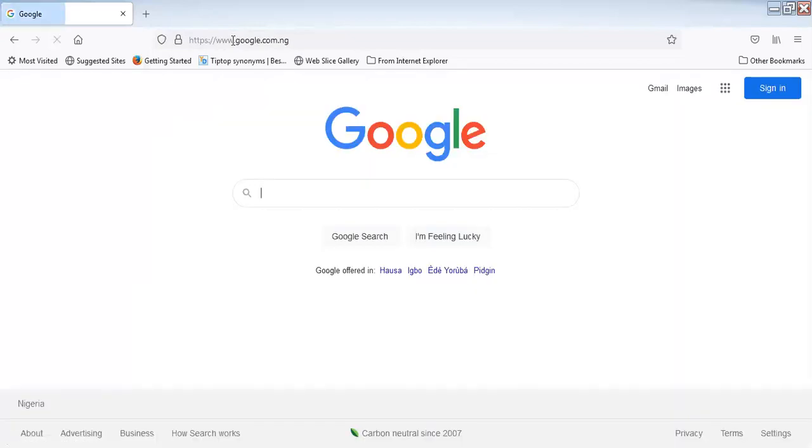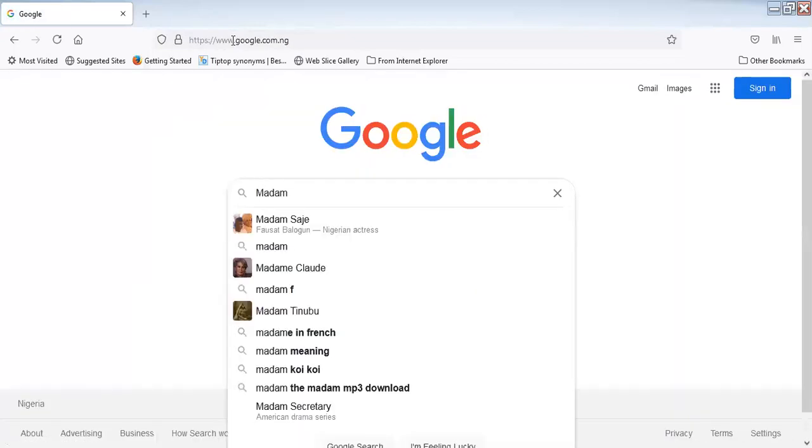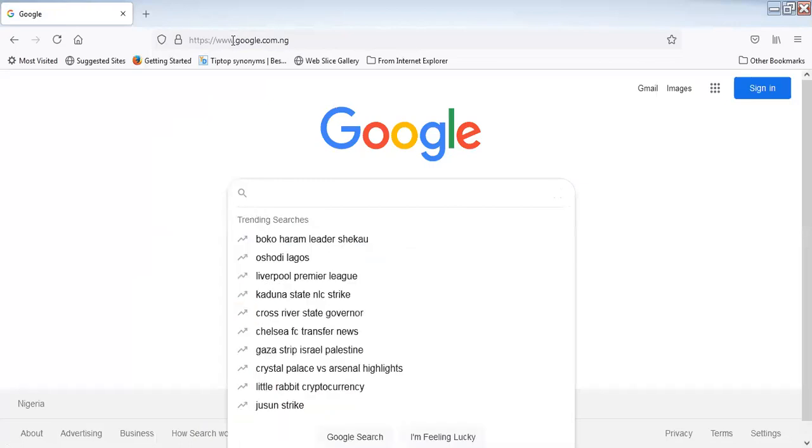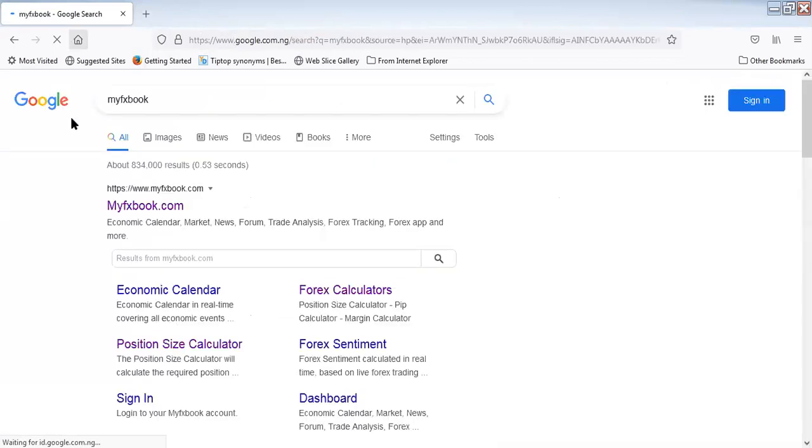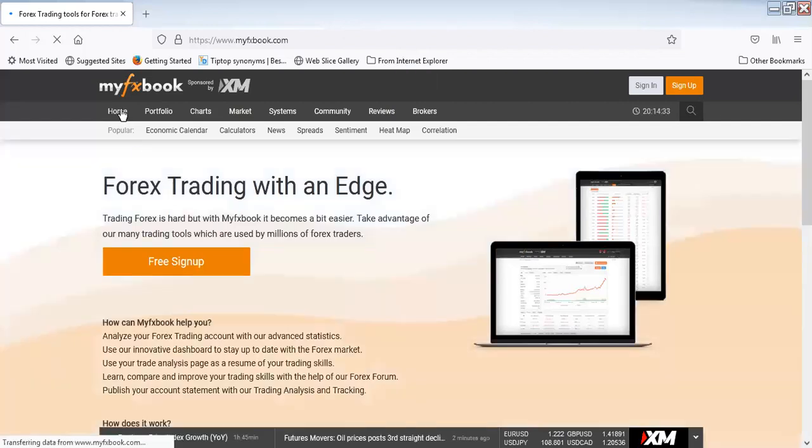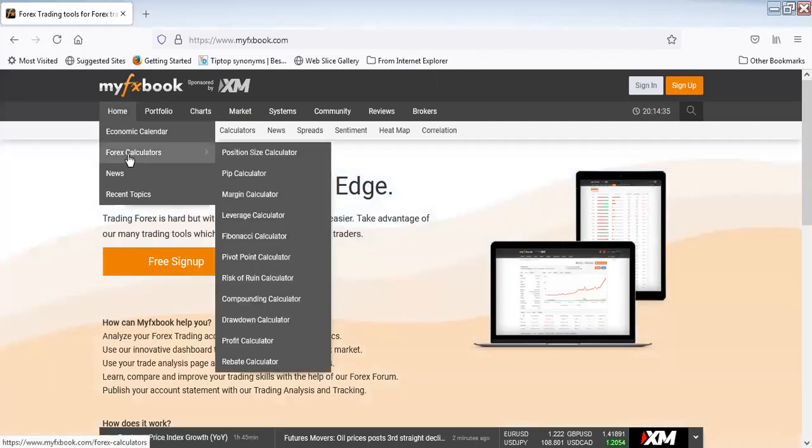Just type in myfxbook, and once that is done, click on myfxbook.com. Then you will see underneath, you go to Home, that's a drop down arrow. Go straight to Forex Calculator and click on Position Size Calculator.